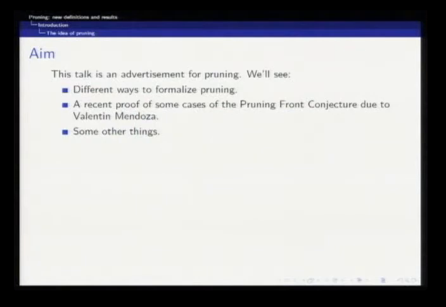Pruning, very roughly speaking, is a way of describing the topology of the dynamics in the Henon family, say, or more generally in families of two-dimensional homeomorphisms or diffeomorphisms. I'm going to say what pruning is in a few different ways. And then I'm going to talk about some recent results that Valentin Mendoza proved, proving some special cases of this so-called pruning front conjecture. And I'll say some other things as well.